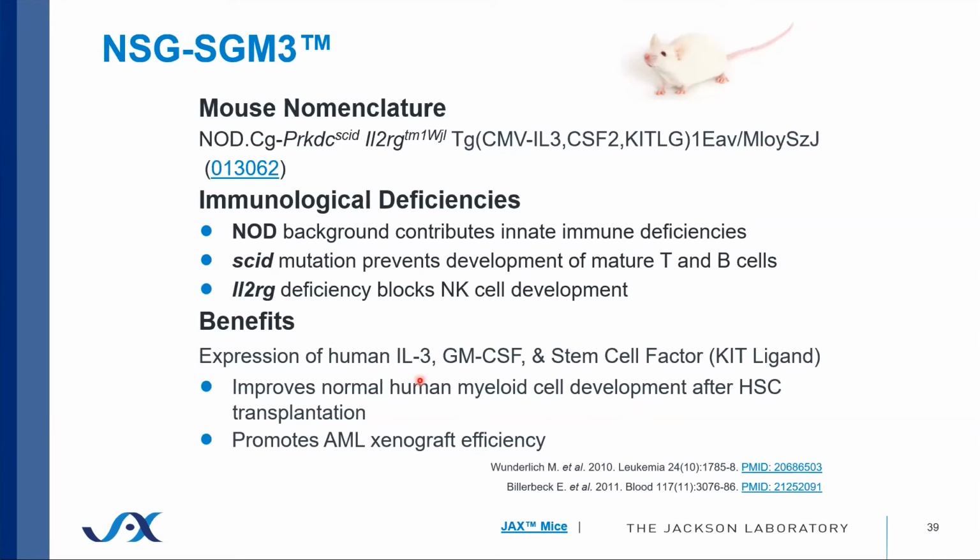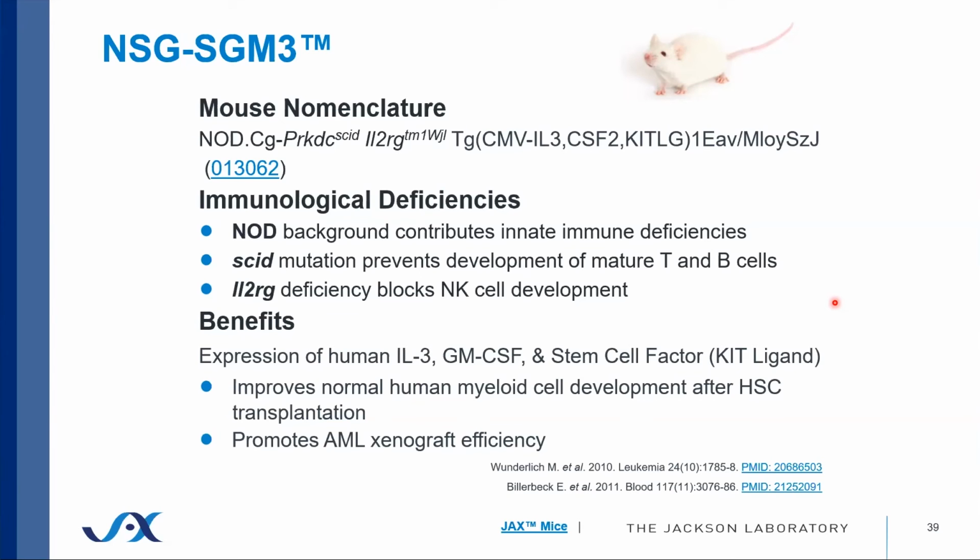So it expresses human IL-3, GM-CSF, and stem cell factor, also known as KIT ligand. And these together improve the normal human myeloid cell development after hematopoietic stem cell transplantation and promote acute myeloid leukemia, or AML, xenograft efficiency. So if you're studying liquid tumors, the NSG SGM3 strain is certainly worth a look.